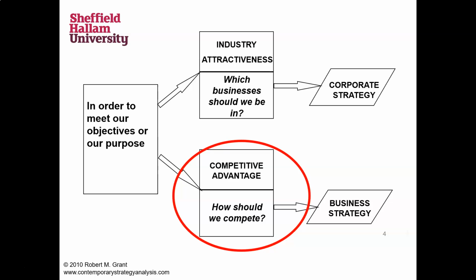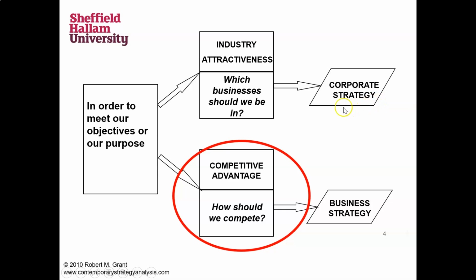Okay, so this philosophy or approach to strategy is driven by understanding industry attractiveness. So which industries are attractive and do we think that we can succeed in? And this is corporate strategy.